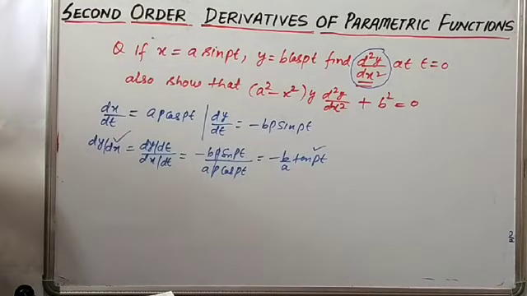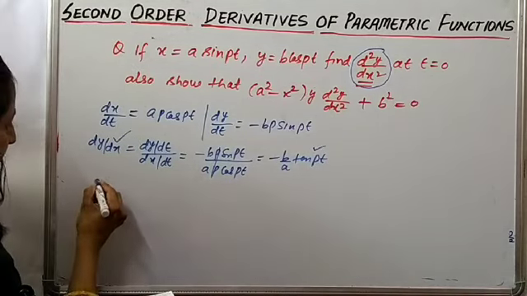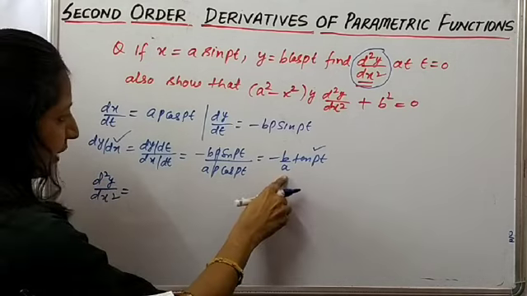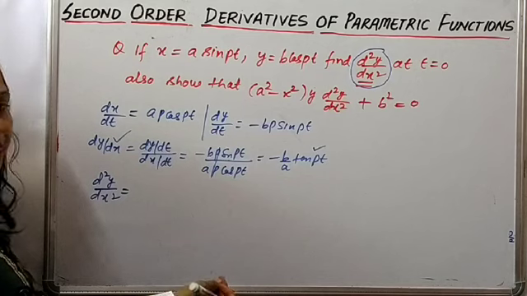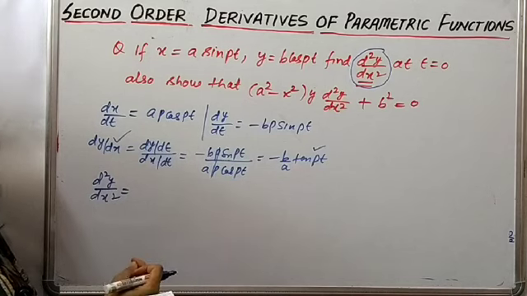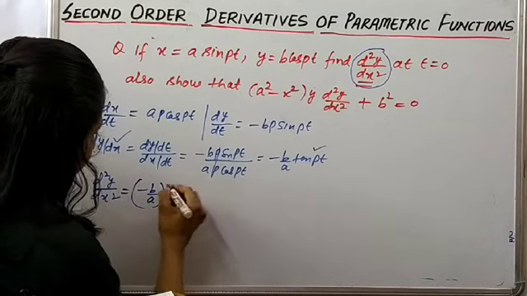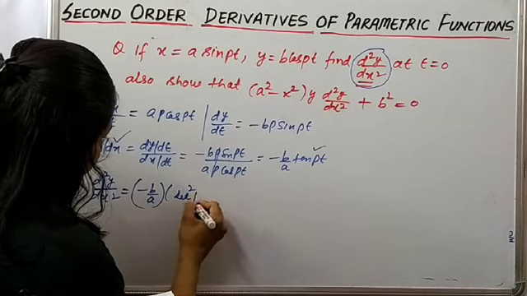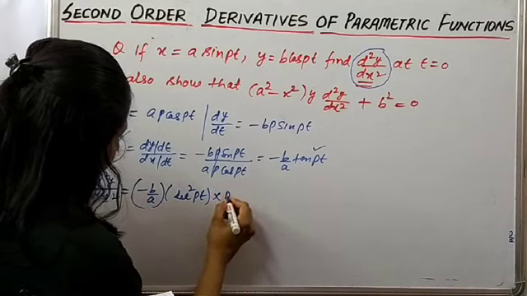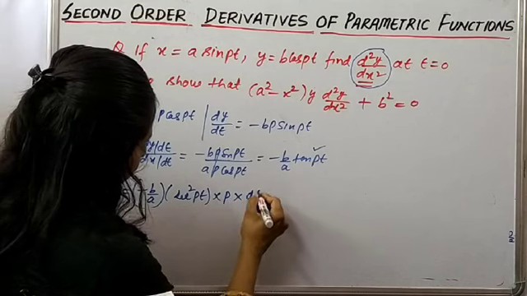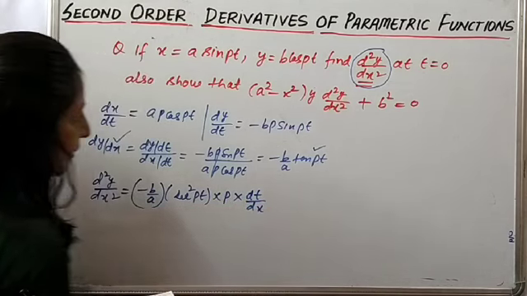Now again differentiate both sides with respect to t in order to find the second order derivative. So d2y upon dx square. Now as it is a function of t, first of all we will differentiate with respect to t and then multiply by the derivative of t with respect to x. So minus b upon a, derivative of tangent pt will be secant square pt into p, and then multiplied by the derivative of t with respect to x, right?